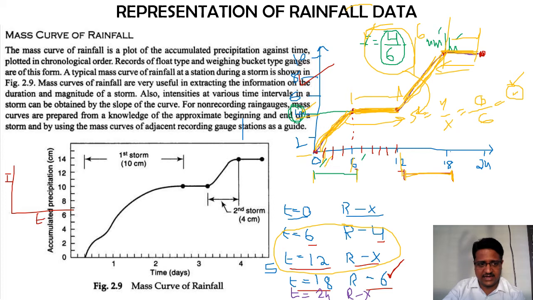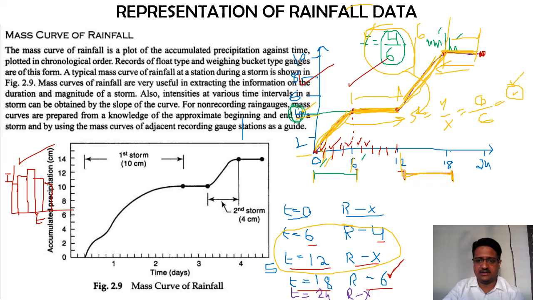So with each of these intensities, which you calculate separately per hour or per day, based on your scale requirement, that amount of intensity will be shown in this hyetograph. So even for that hyetograph to work out, first you need the knowledge of the rainfall mass curve. The rainfall mass curve is going to become the base point or basic concept for drawing even the hyetograph that we have studied here.